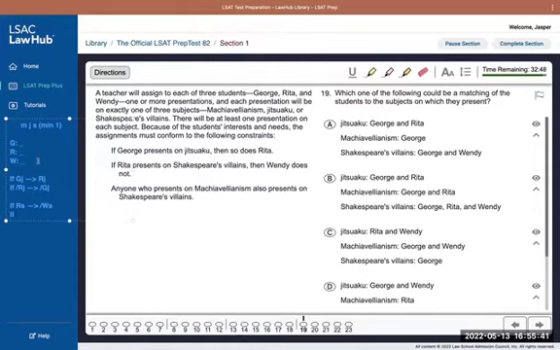The contrapositive would be that if Wendy presents on S, then R does not. And anyone who presents on M also presents on S. So if X, just standing in for anyone, presents on M, then X also presents on S. And if they don't present on S, then they can't present on M.